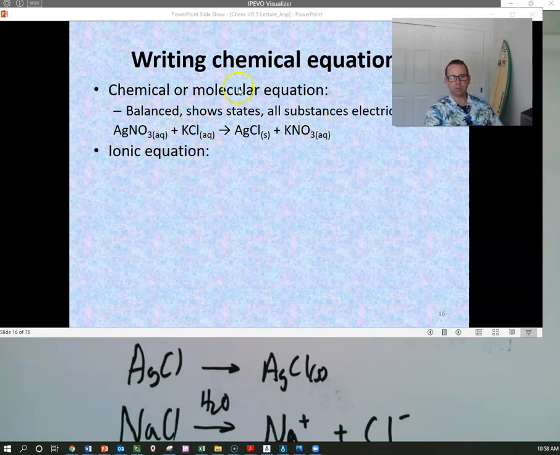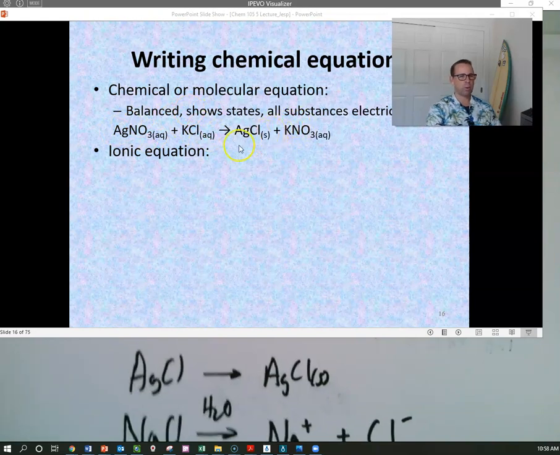Generally, if they provide an equation for you, it's really easy to tell if it's soluble because it says aqueous if it's soluble. So silver nitrate soluble, potassium chloride soluble, and potassium nitrate soluble. But the silver chloride is not soluble. So to write the ionic equation, we just break up everything that's soluble into its ions.